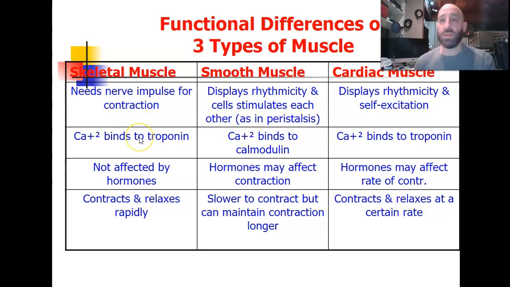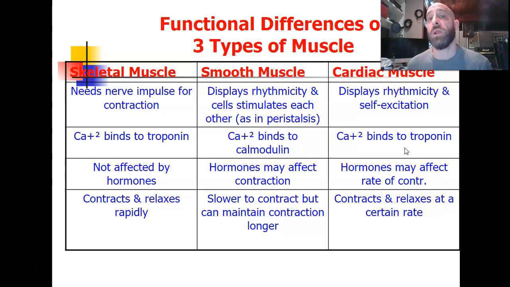Another difference between these muscles, and this is one that doesn't make a ton of sense in terms of why it exists. One of the things that I love about anatomy is that there's always a why, right? Except for some instances, and this is one of those instances. We don't know why this is the case, but in your skeletal muscle and your cardiac muscle, troponin is the protein at which calcium attaches and moves tropomyosin out of the way. In smooth muscle, it's a different protein.